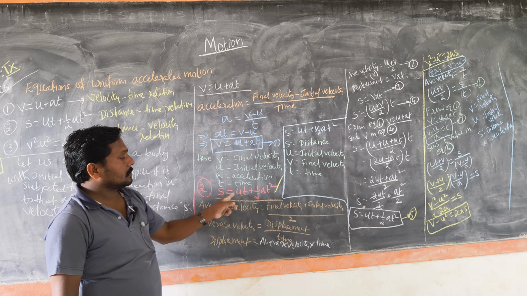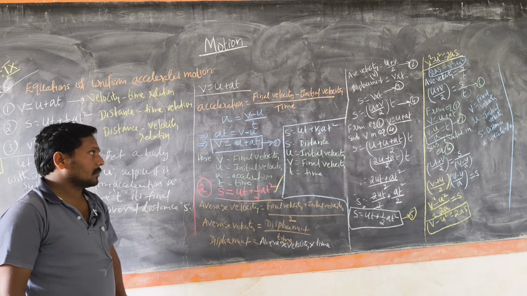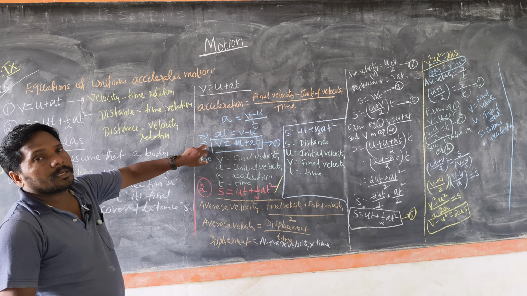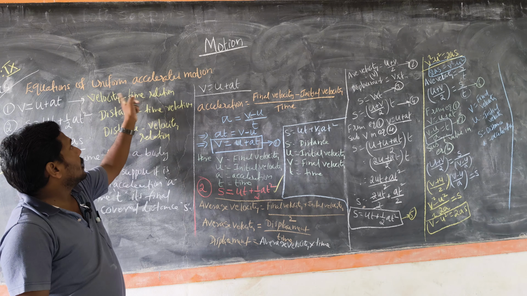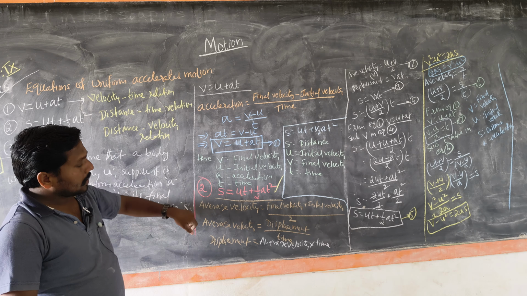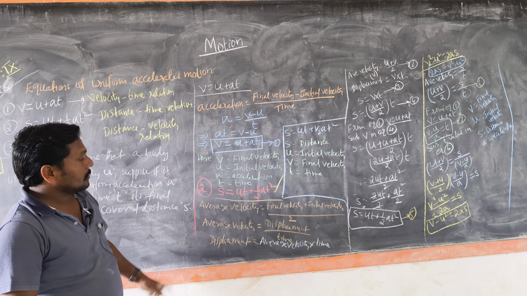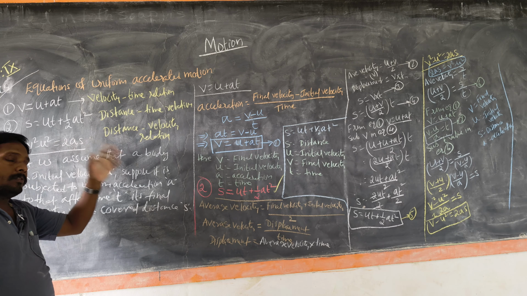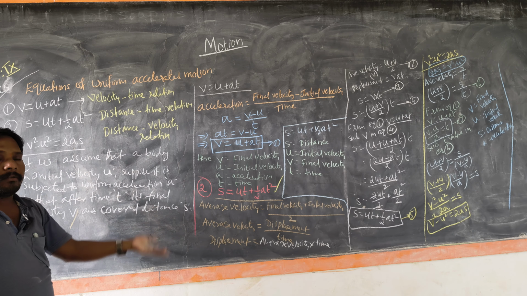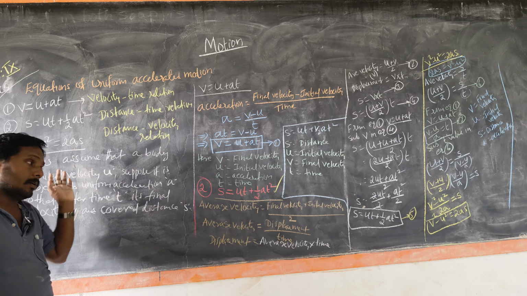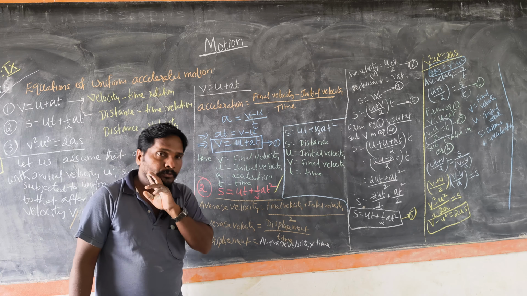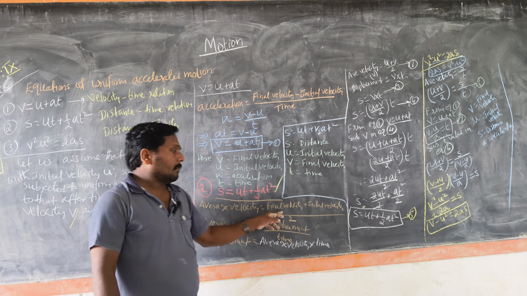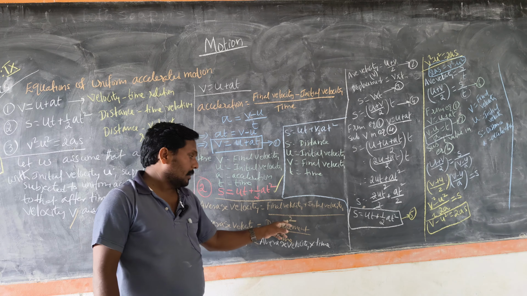Second equation, s is equal to ut plus half at square. The first equation of motion gives the relation between velocity and time. Coming to the second equation, let us assume that a body covered distance with uniform acceleration a. We write average velocity equal to final velocity plus initial velocity by 2.